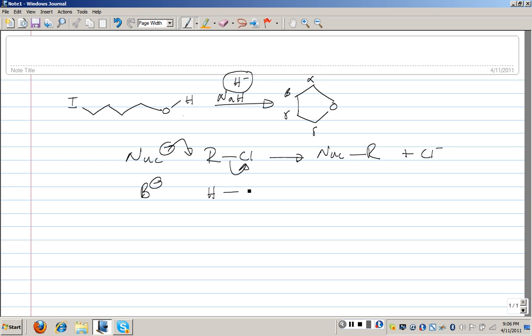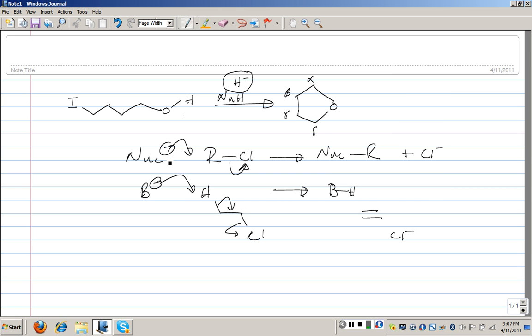A base will attack a proton and give rise to BH, and is not incorporated in the product. So we'll attack here, we lose chloride, we get BH and chloride, but in the end, the base is not incorporated into the product, okay?